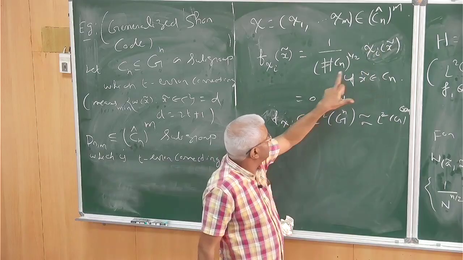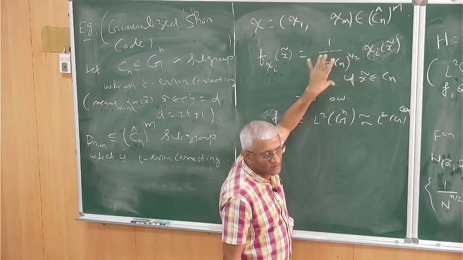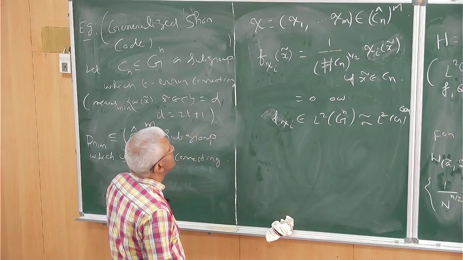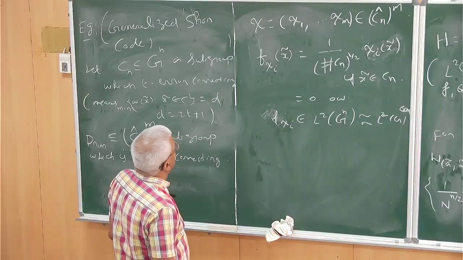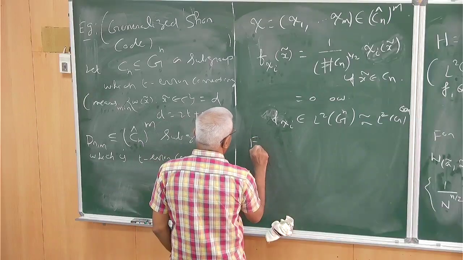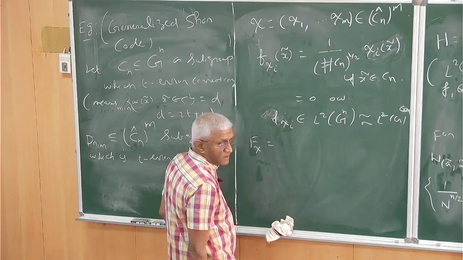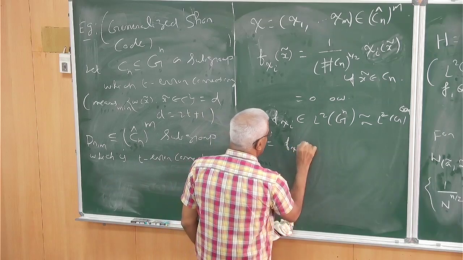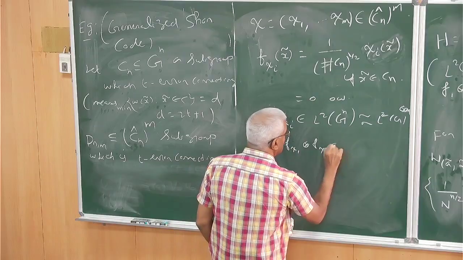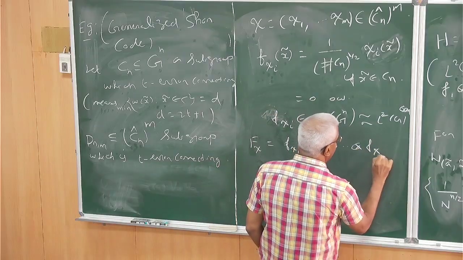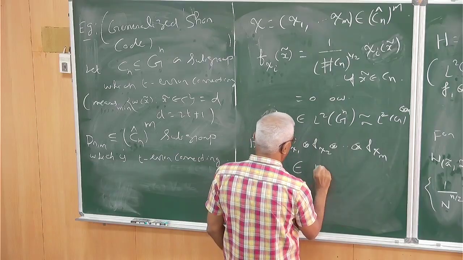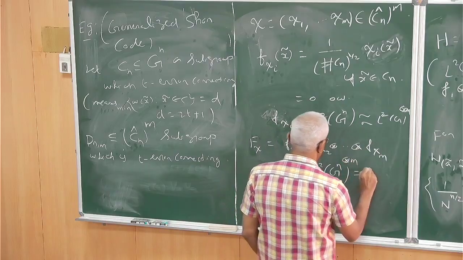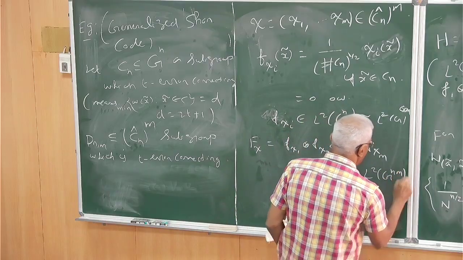You can just write chi I of x tilde, but you want to divide it by this number, so that's why we use this. Now you can define f chi of this equal to f chi1 tensor up to f chi m. This is in L2 of Gn tensor m, which is the same as L2 of G n m.